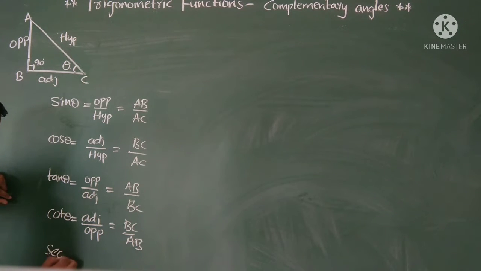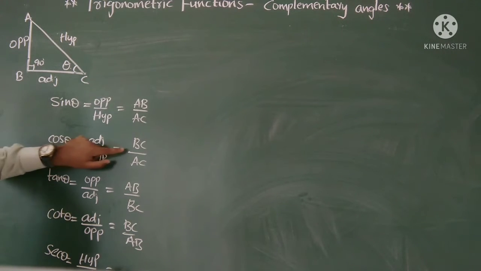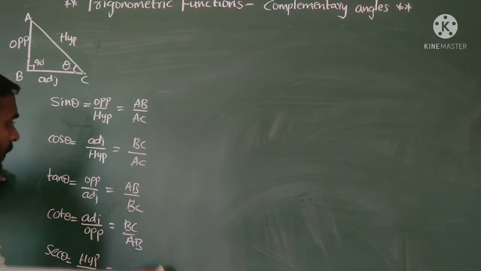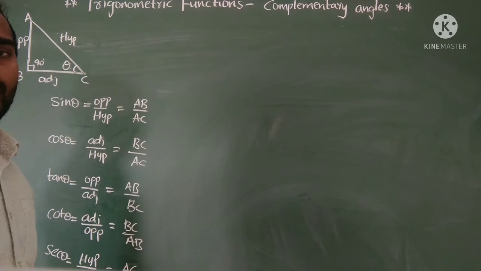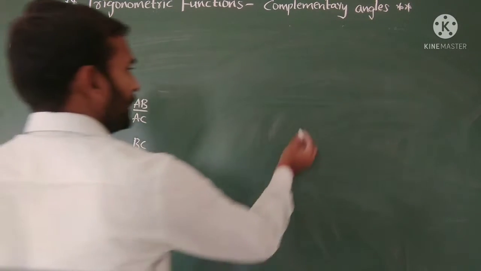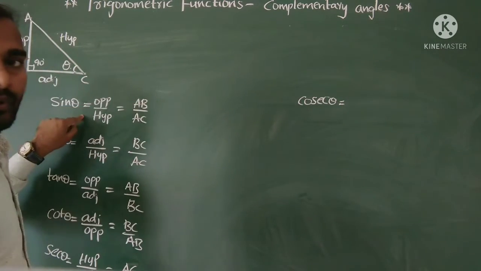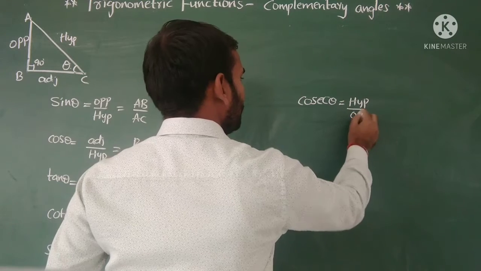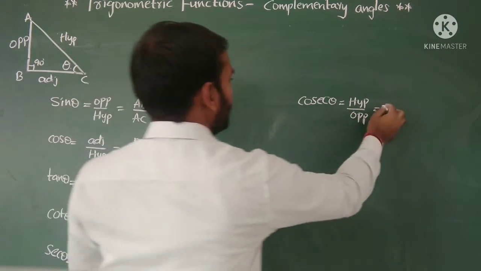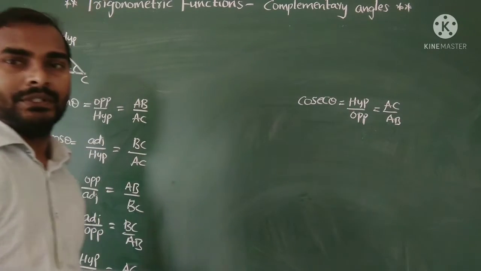Next, secant theta is hypotenuse by adjacent, that means AC by BC. Next, cosec theta. Cosec theta is the reciprocal of sine. So hypotenuse by opposite is equal to AC by AB. This one we have discussed.